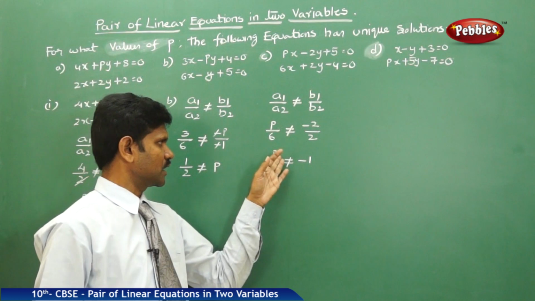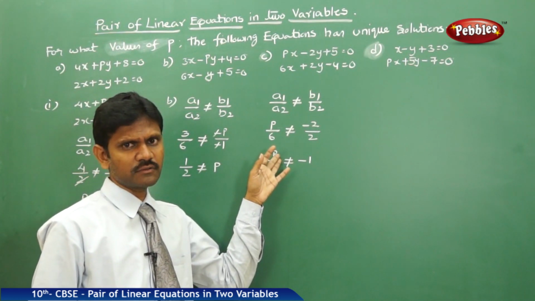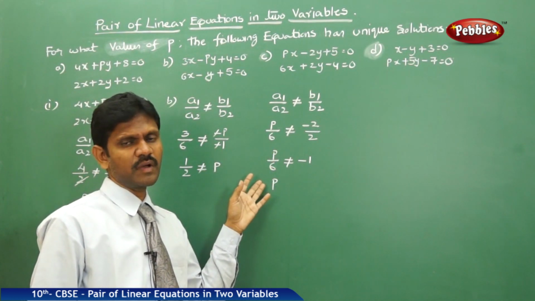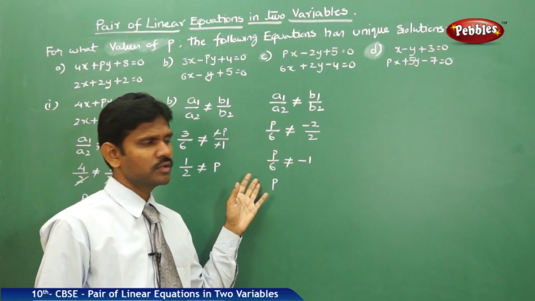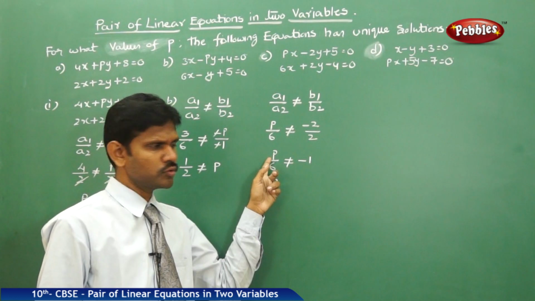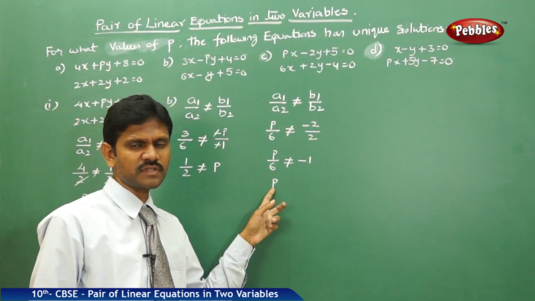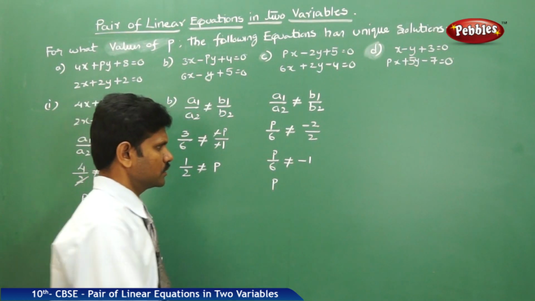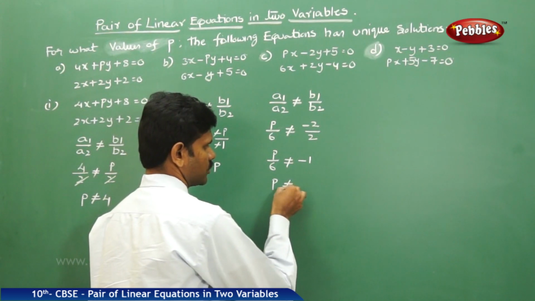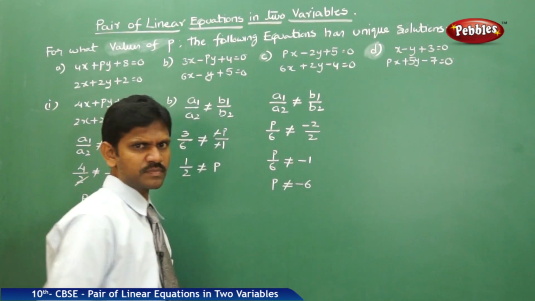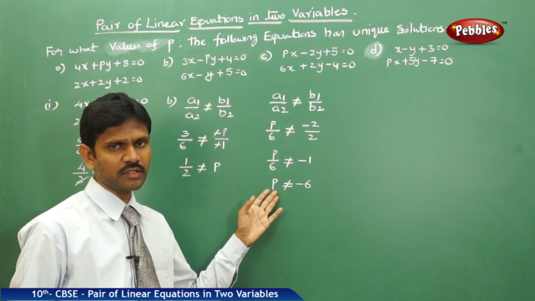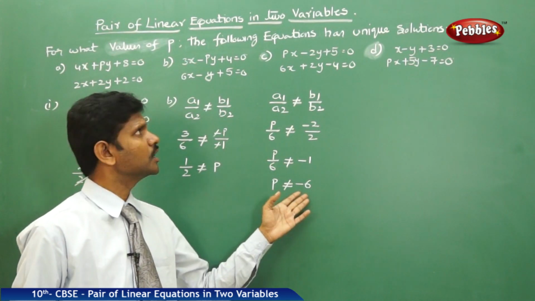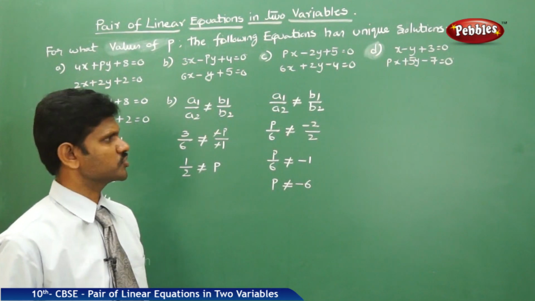If any number is related with p in the form of division, addition or multiplication, you have to make p the subject. You know very well the coefficient of the subject must always be 1. Therefore p is not equal to minus 6. What does this mean in this question? Therefore, p will take all values except minus 6 to make the unique solution.